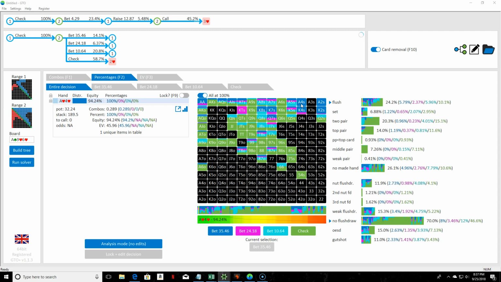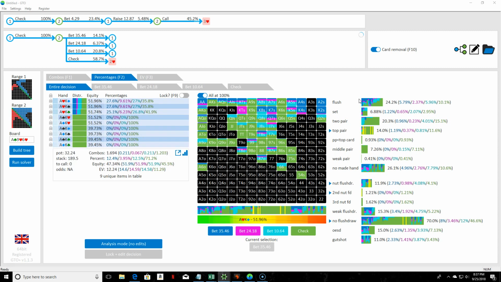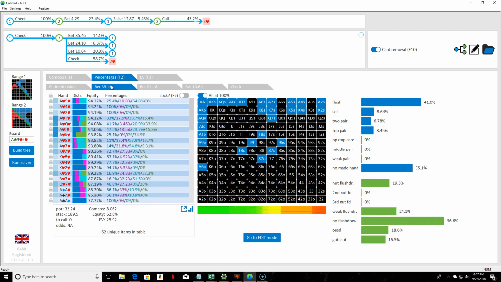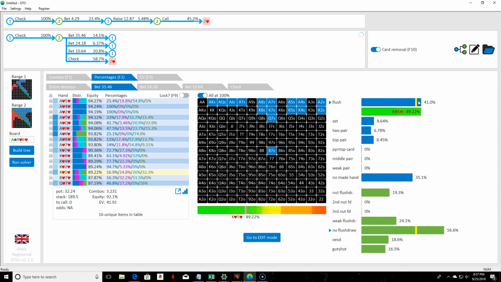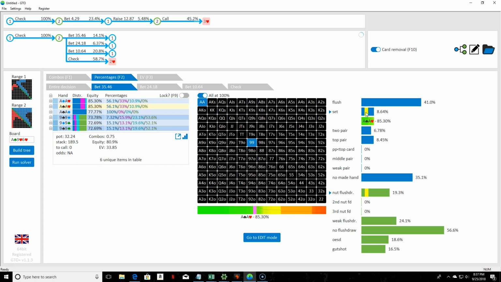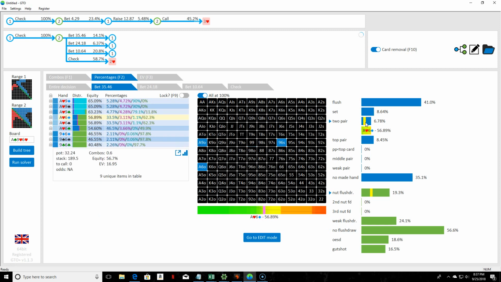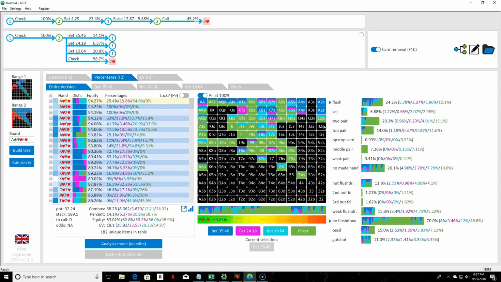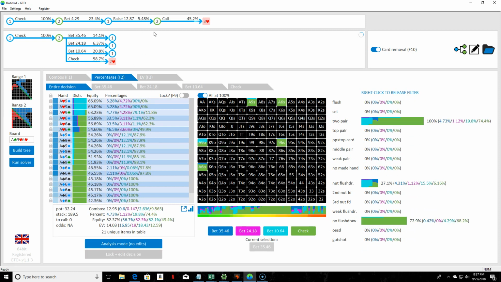So let's just say hypothetically, we overbet here. We're overbetting with all of our flushes when he checks to us. Our sets. Two pair is a little bit different. If you look at the two pair hands, this is interesting, because we're actually underbetting the ace nines here.